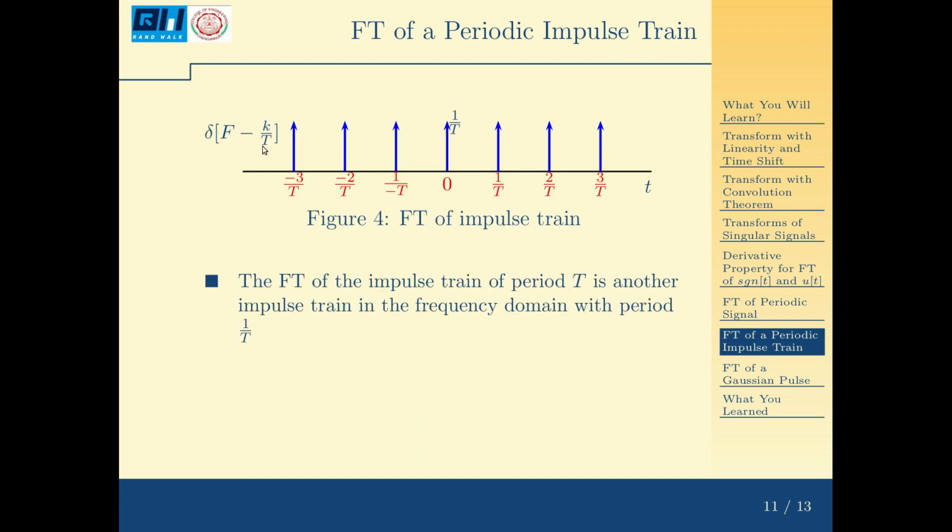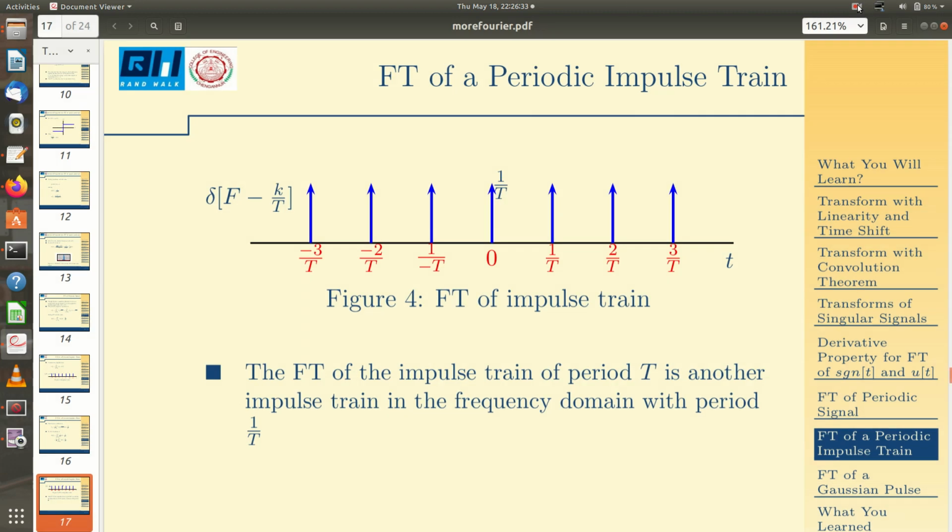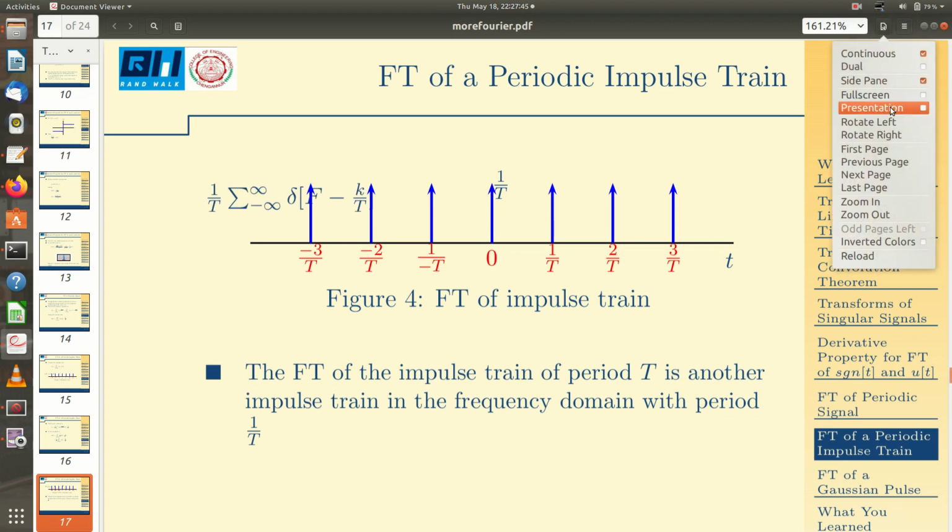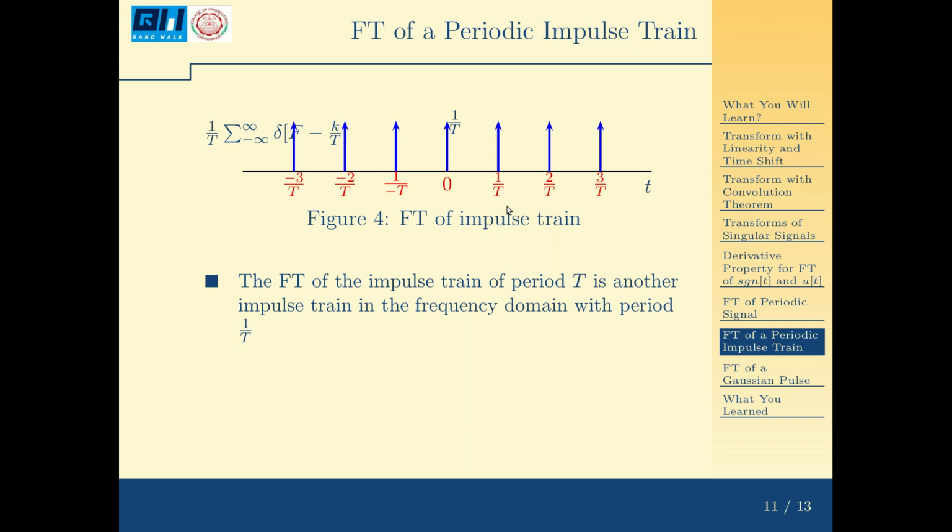This is delta(f minus k by T) times 1 by T. So this has a height of 1 by T, and here you can see that in the frequency domain this impulse train looks like this.